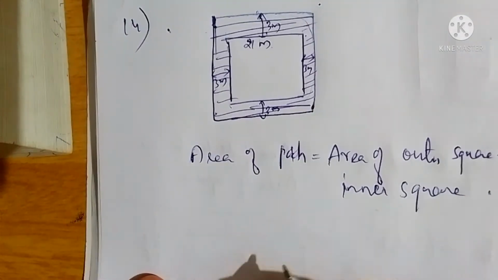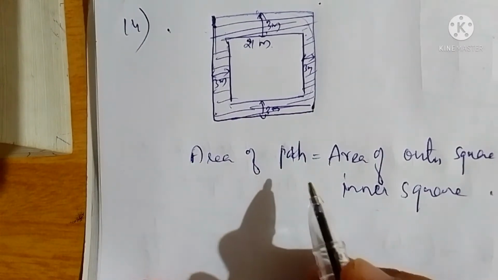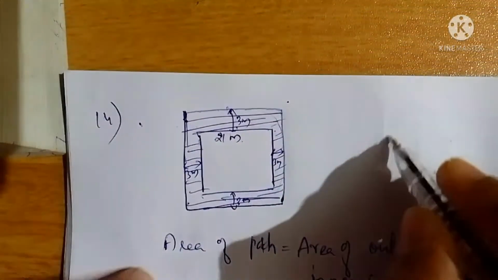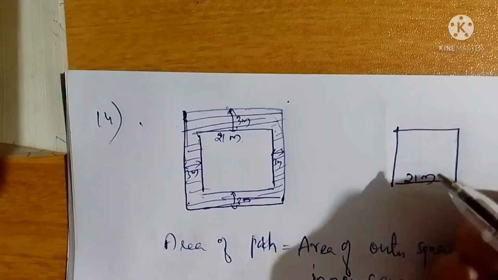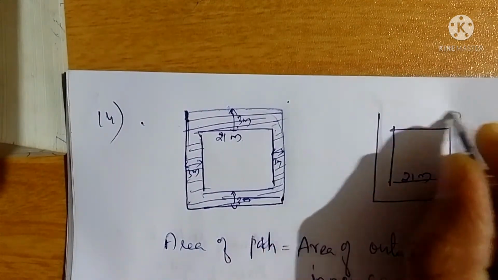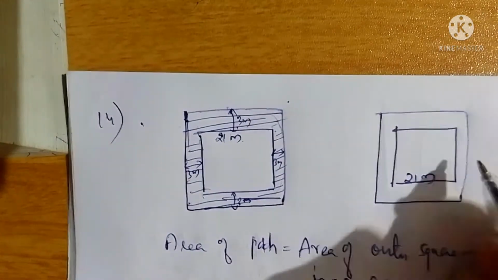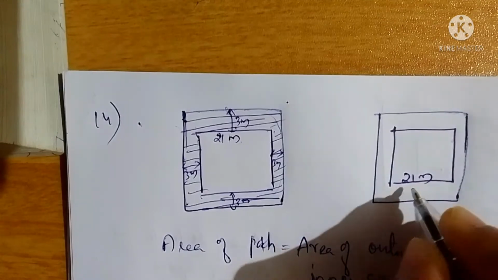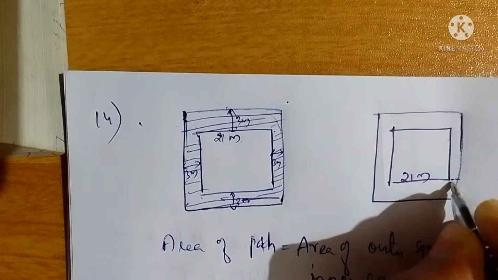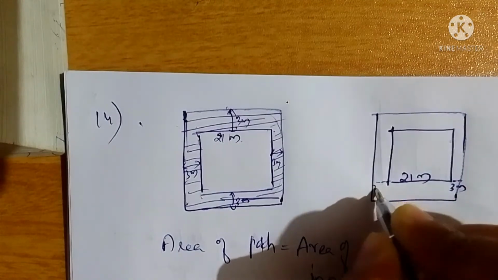Now how can we find the area of outer square? So this is the square field, its side is 21 meter. This is the outer square, that means including path. Now this width is given 3 meter. So here it will be 3 meter, here also 3 meter.